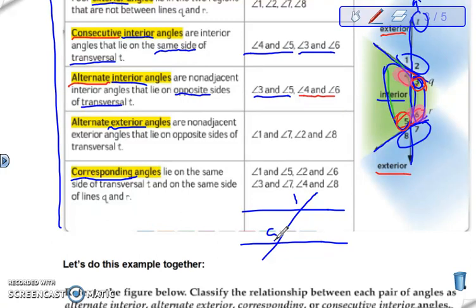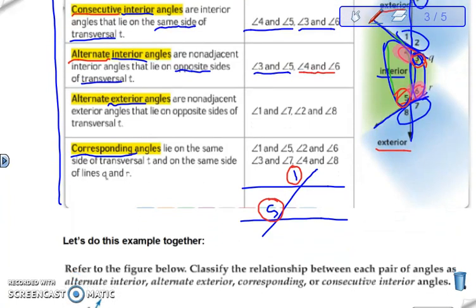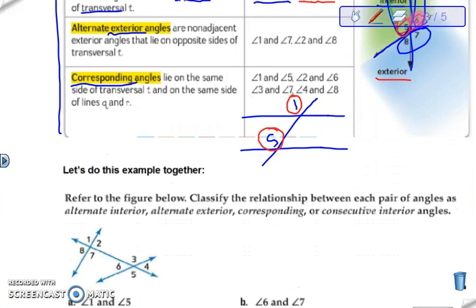So where I have the 1 marked here, think of that like the upper left position. The 5 is in the same spot, but it's on the other line. So when you're picking these out, try to find your alternate angles, your consecutive angles, your exterior angles, your interior angles first. And if it doesn't fit any of those, then go with corresponding if you're not sure.